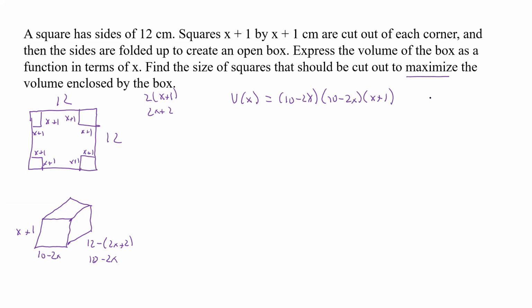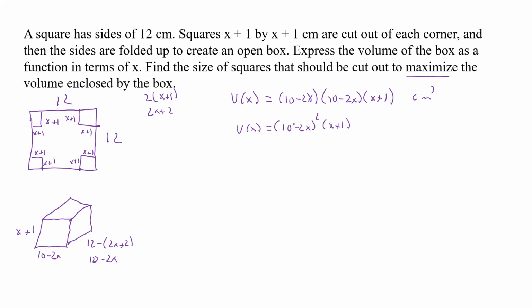Now these are going to be, again, centimeters cubed. Well, this is really just (10 minus 2x) squared times (x plus 1). And that's, if we wrote it out, really what it would be.